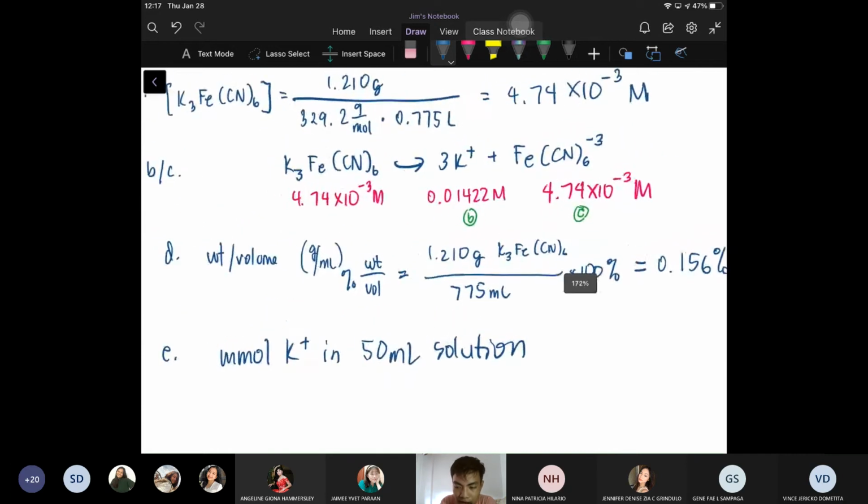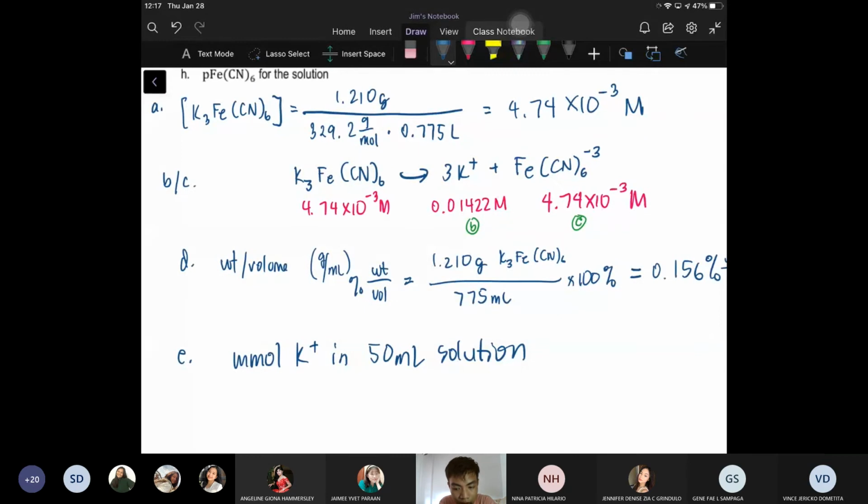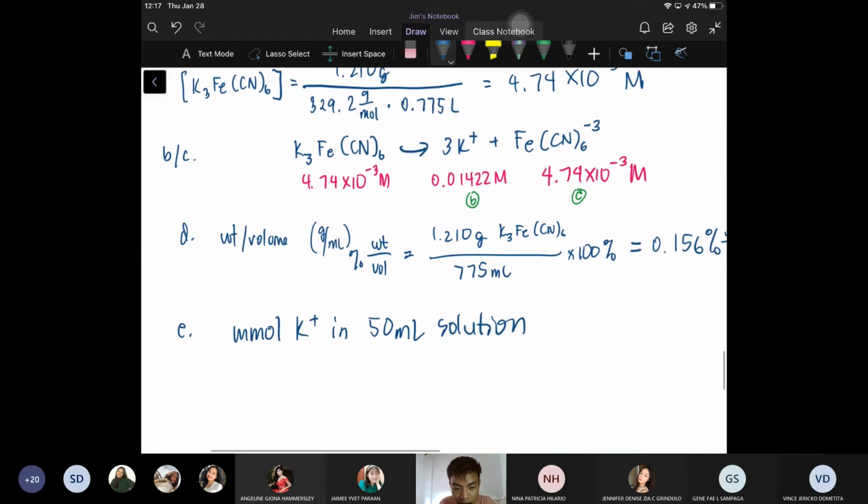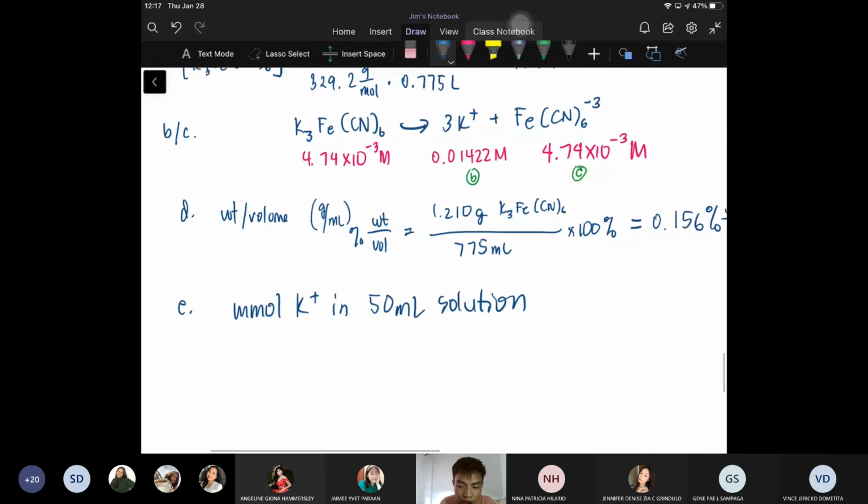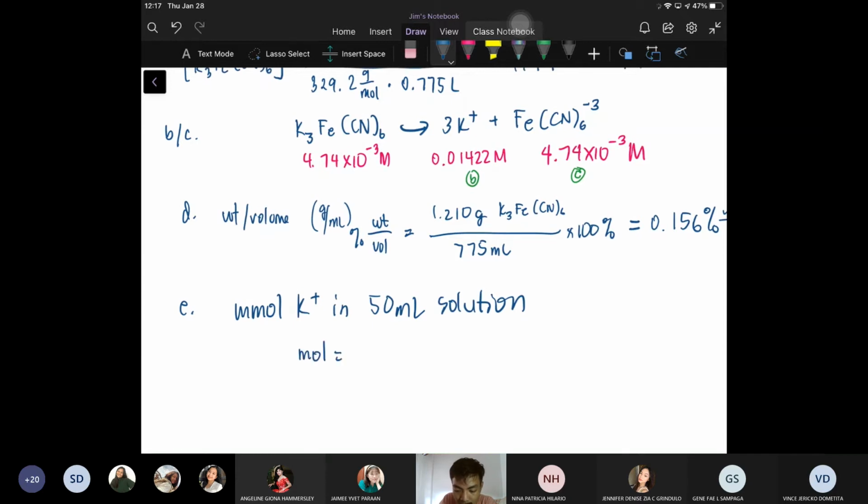To answer this, the question is, do you already know the concentration of K plus? We already know it. What is the concentration of K plus? It's in letter B. To solve for the millimoles, we need to use the molarity and the volume given by this question. First solve for the mole: molarity times volume.